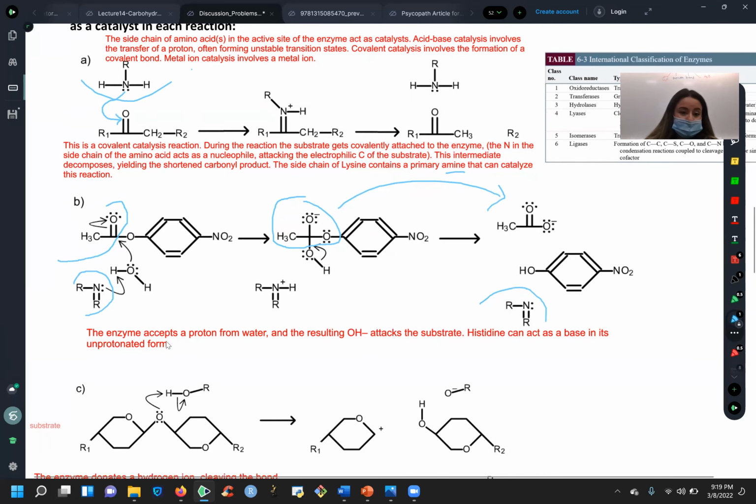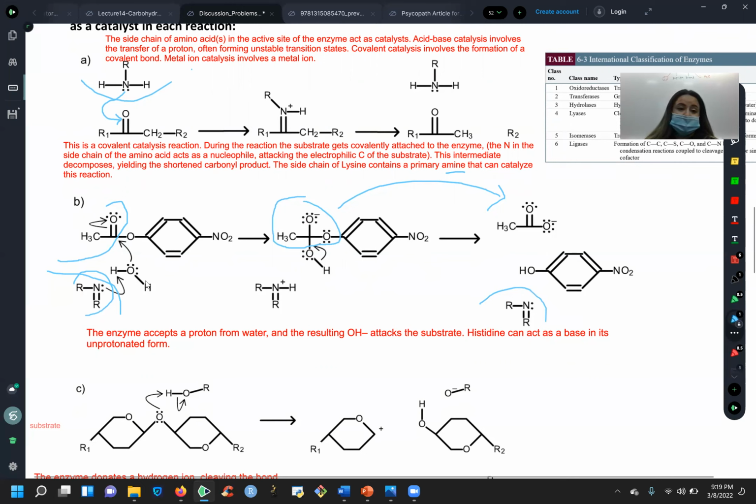So the enzyme accepts a proton from water. Okay, so I guess this is the enzyme right here because it is stealing a proton. I consider it stealing. I guess it's accepting, whatever. It's taking a proton from water. This is your water. And the resulting hydroxide attacks the substrate.